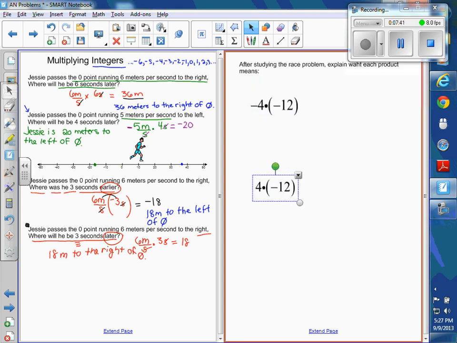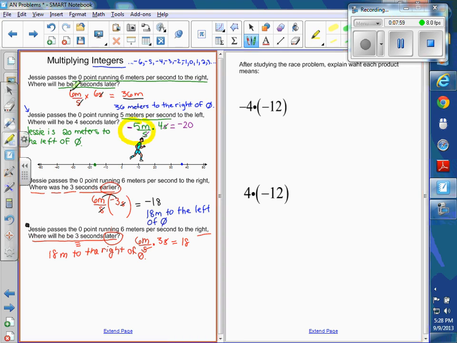The book asked you, after studying the race problem, explain what each product means. So if we look on the left-hand side here, let's take a highlighter. Right here, this -5 meters per second, that meant his speed was 5 meters, but he was going to the left.